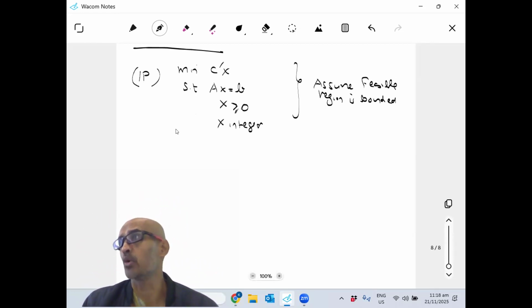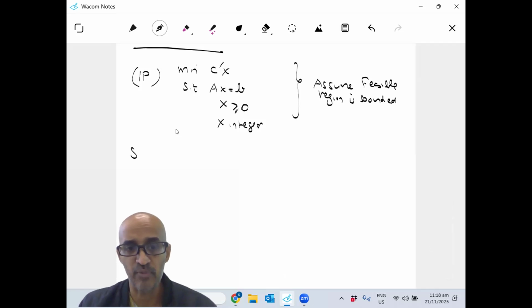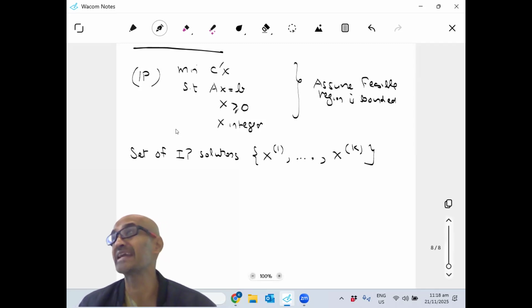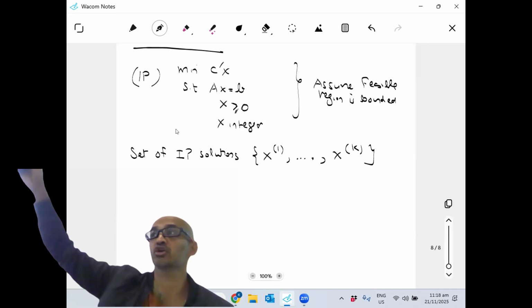if the feasible region is bounded, the set of IP solutions is what? It's a set X1 up to some capital XK. Because I'm looking at integer value solutions, there are only finitely many of them, and it's a bounded set. So no integer can go too large.